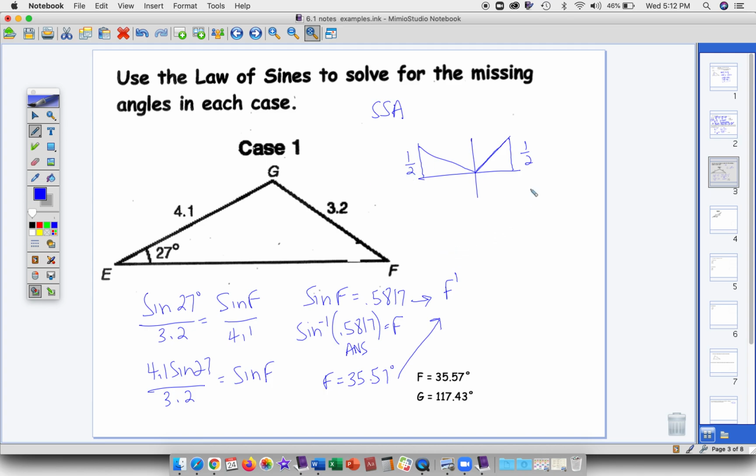And that's true of any angle you think of. If you look at the sine of its supplement, you're going to get the same sine function value. So F prime is going to be the supplement of F. So if I do 180 minus 35.5, I'm just going to use my answer button.